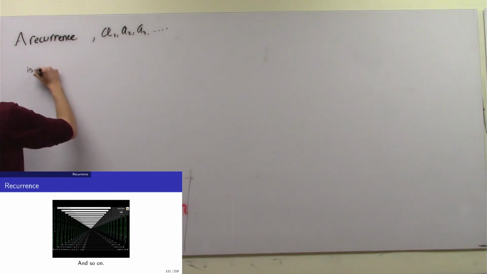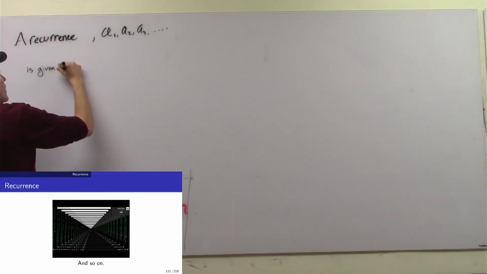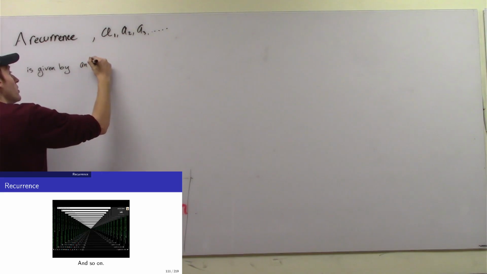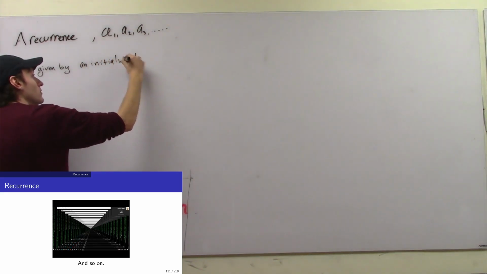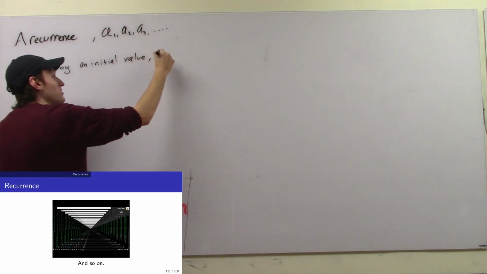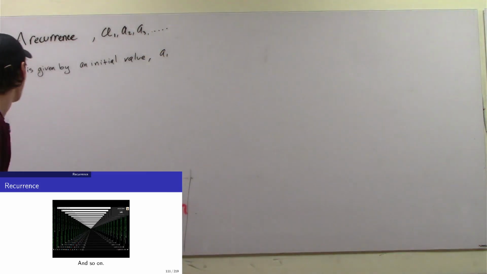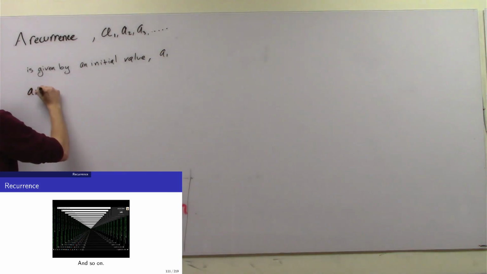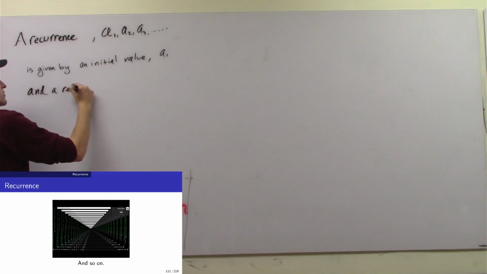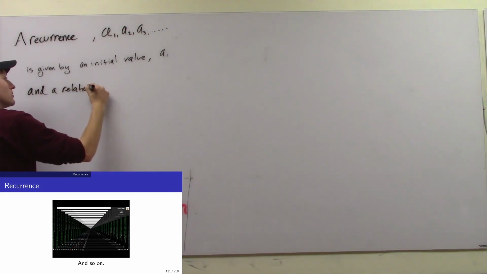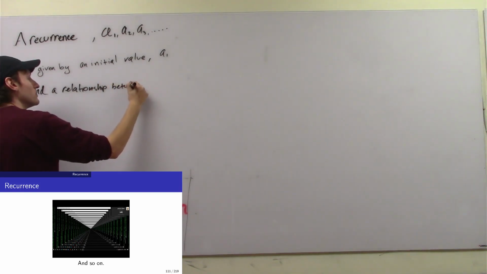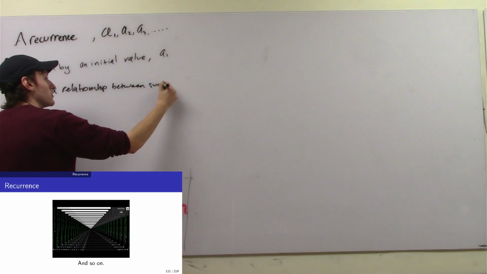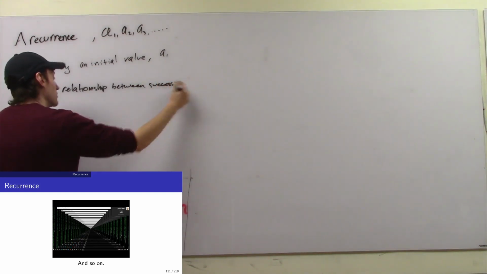It is given by an initial value, maybe A sub 1, and a relationship between successive terms.